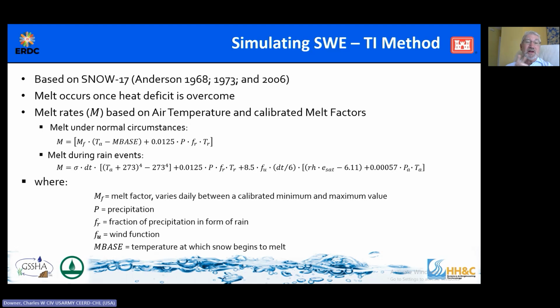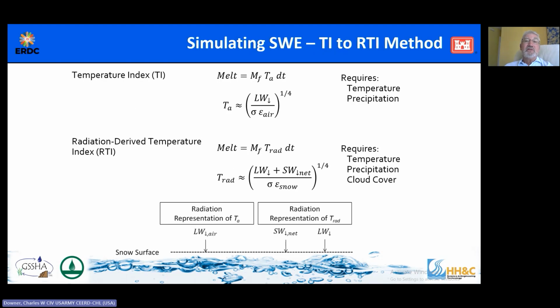So you've got a variety of factors in there that you have to put values in, and so you have to calibrate this thing. Basically, that is the net of it.